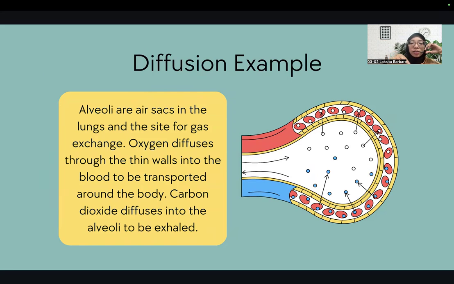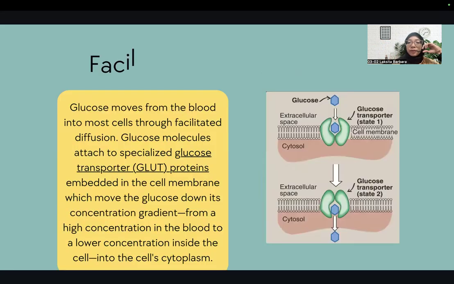So oxygen diffuses from the alveoli into the bloodstream, and carbon dioxide from the bloodstream also moves to the alveoli, which will be excreted in the respiratory system.